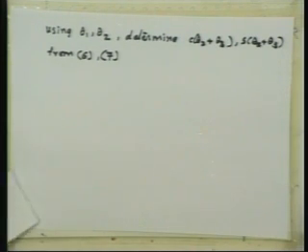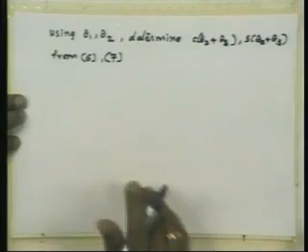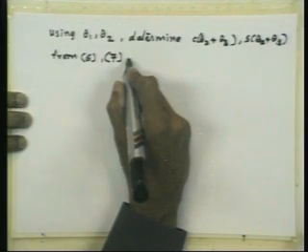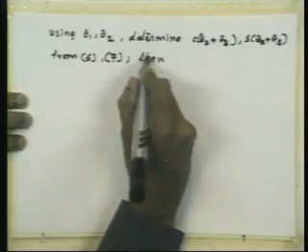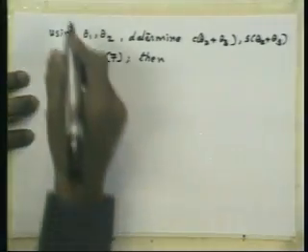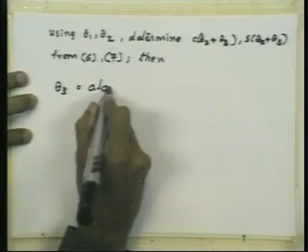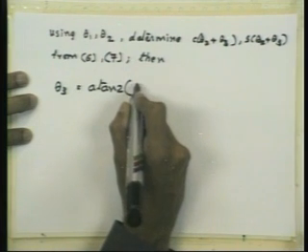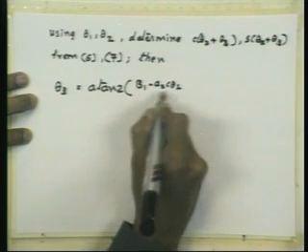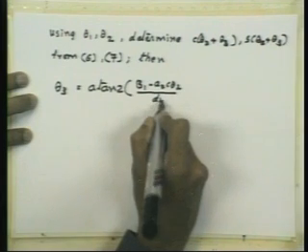I hope I have written down equation 6, 7, yeah. And once you obtain this, it turns out that theta 3 based on that will be, so d4 should be non-zero.